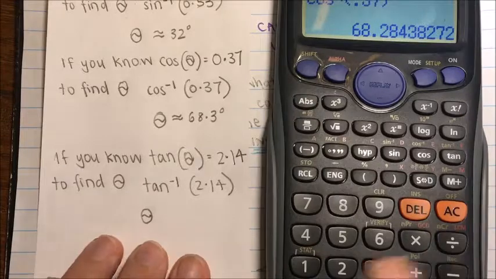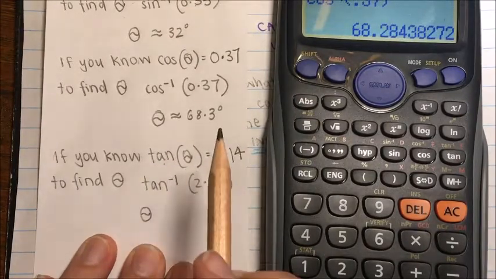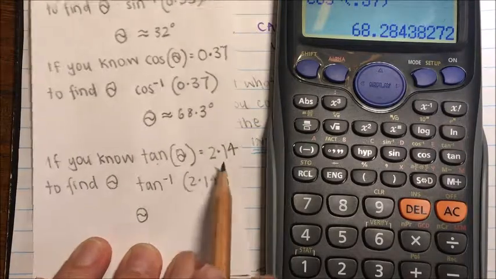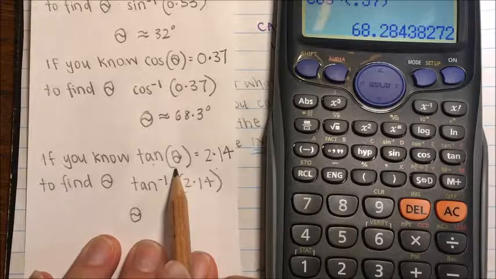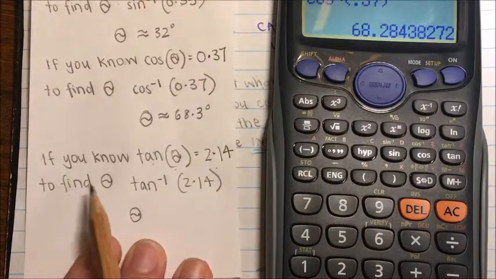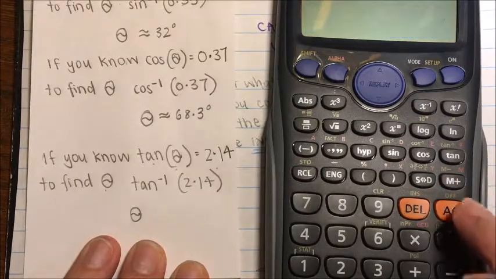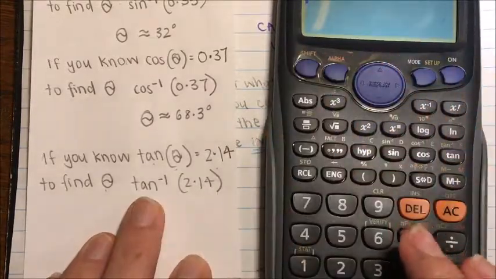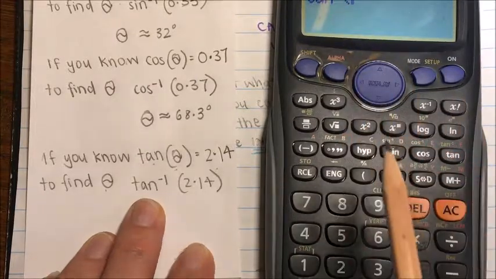Now for the tangent. I know that the tangent, TOA, is the opposite divided by the adjacent. Say I've done that sum and I've ended up with 2.14, and now I want to find out that reference angle. I do the inverse. I'm going to go shift tangent to find the inverse.